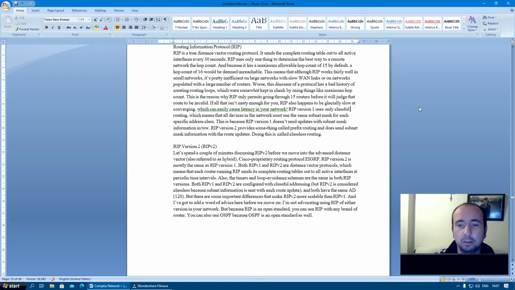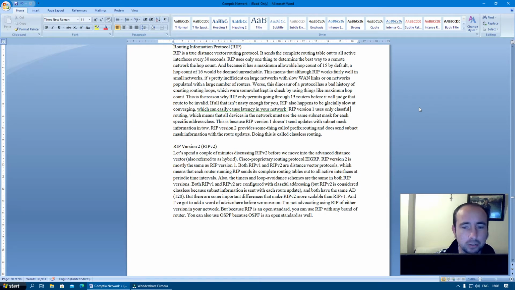This means that although RIP works very well in small networks, it's pretty inefficient on large networks with slow WAN links or on networks populated with a large number of routers. Worse, the dinosaur of protocols had a bad history of creating routing loops, which were somewhat kept in check by using things like maximum hop count.